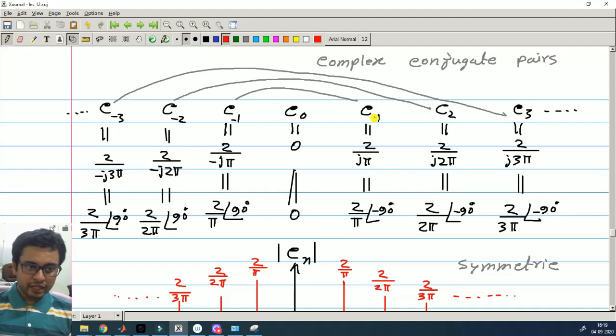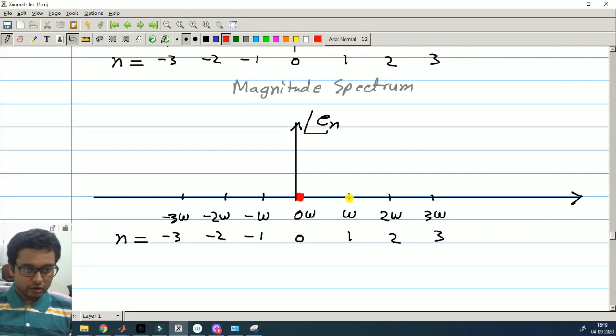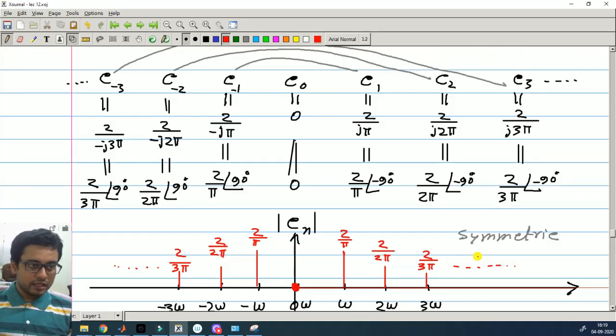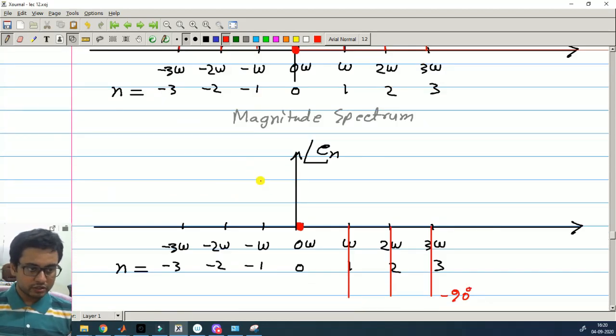Then the angle of C1 is minus 90 degree. C2 also minus 90 degree. C3 also minus 90 degree. In fact, all these will have an angle of minus 90 degree, but C minus 1, C minus 2, C minus 3, they all have an angle of plus 90 degree. So we will plot plus 90 degree here.